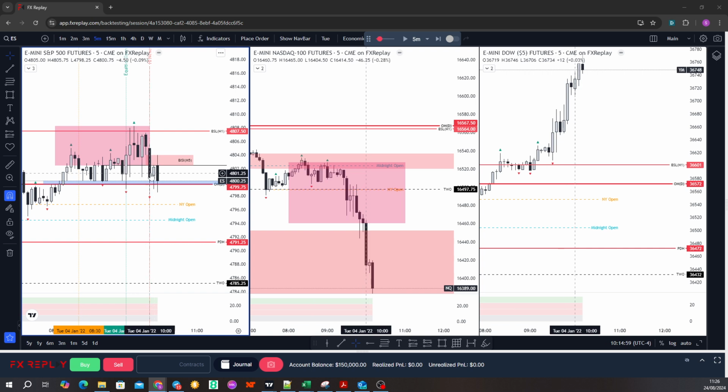So we've got a 5 minute fair value gap. Okay, in displacement. The bodies of the candles are closing.